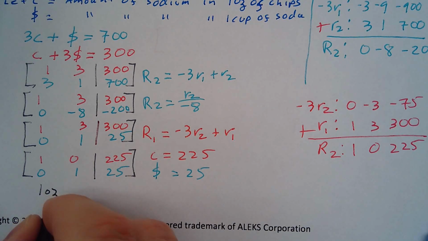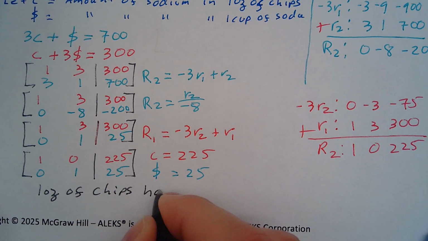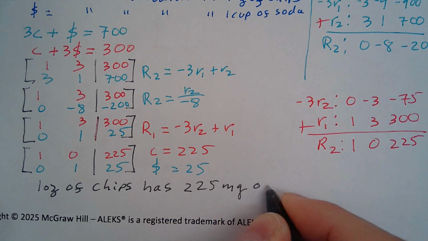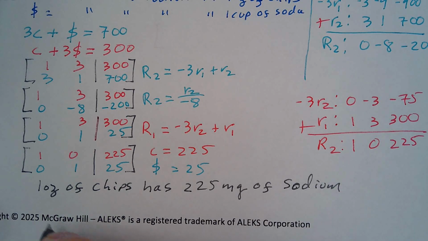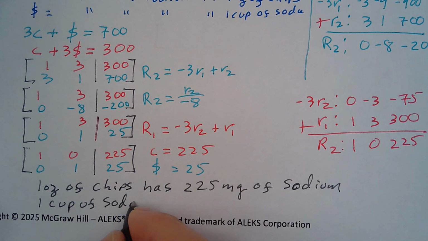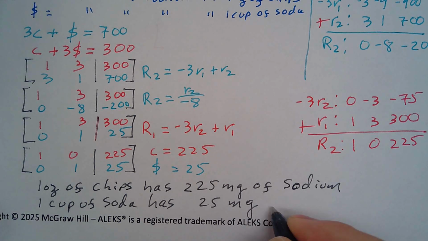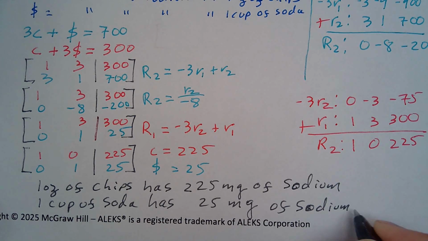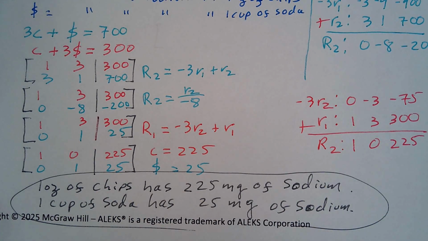So 1 ounce of chips has 225 milligrams of sodium. 1 cup of soda has 25 milligrams of sodium. And then that would be your answer.